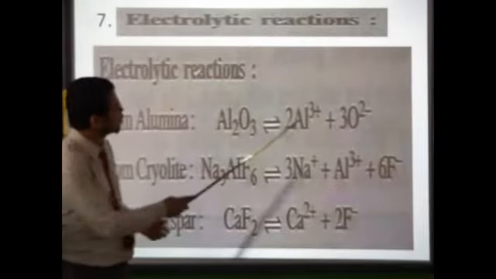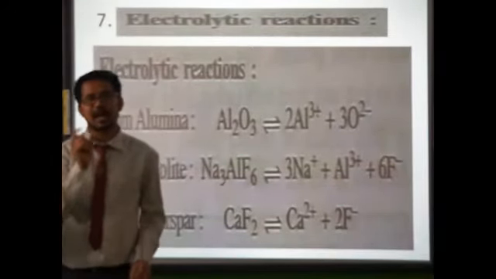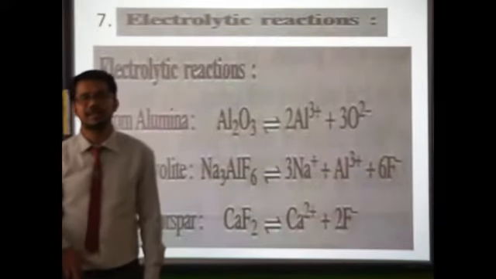Aluminium is positively charged, and positively charged ions move towards the negatively charged electrode.